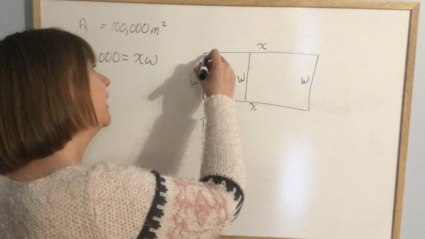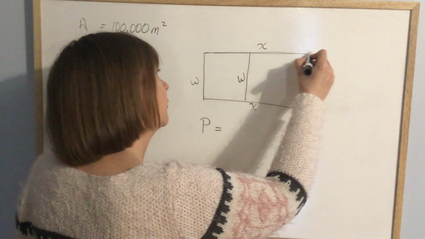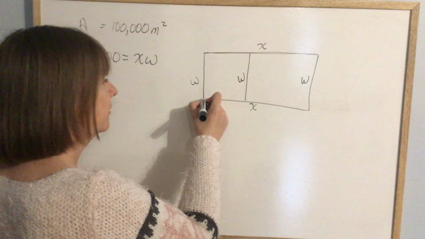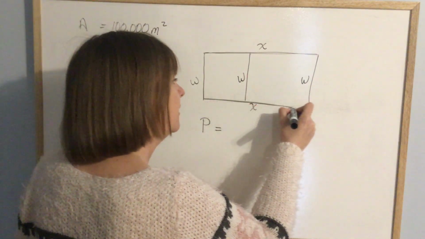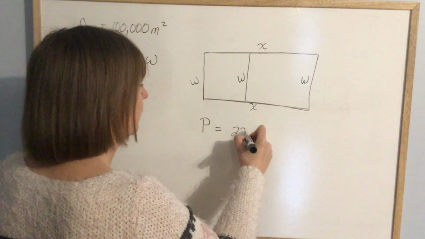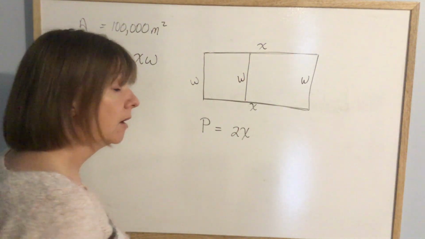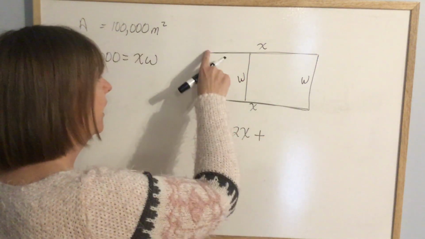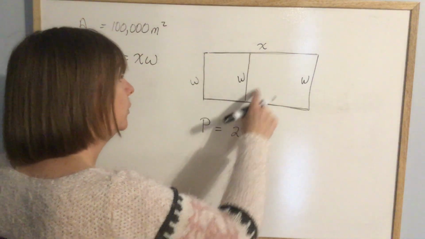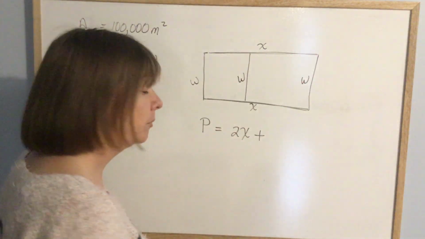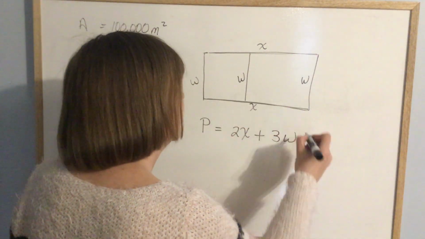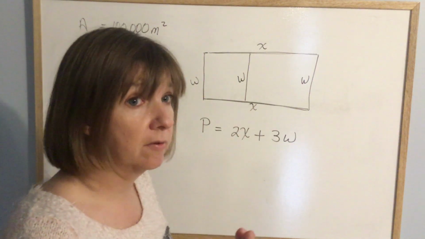I have to have enough to go across. I have to have a piece that goes across here, and I have to have the same length of piece that goes across here. So I have to have two X's, plus I have to have a width here, a width here, and a width here, and they all have to be the same, right? So I have to have 3 widths in this case.